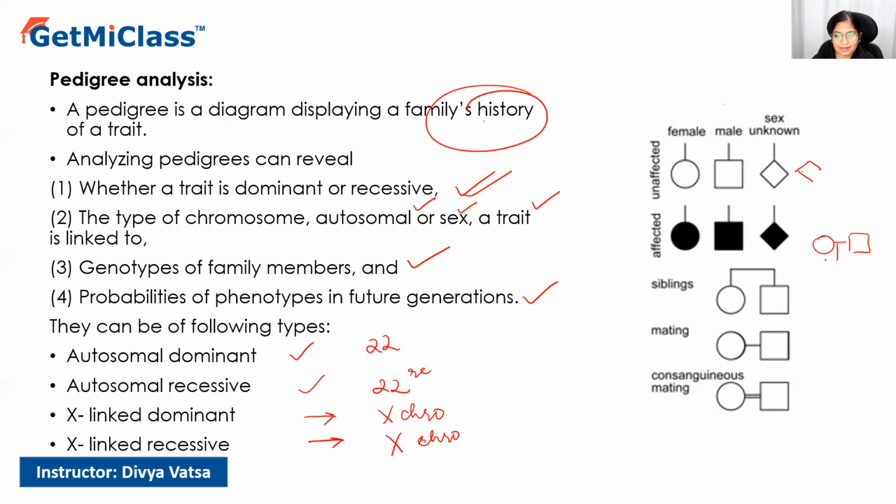Suppose the parents have mated and they have produced two or three babies, then this kind of link will be there. But if the link is between two individuals, that means that they have mated, they are mostly husband and wife. Consanguineous mating means the mating takes place between relatives, such as brother and sister, and that is why it is expressed with two lines in between.